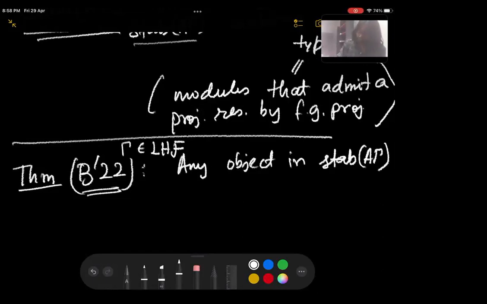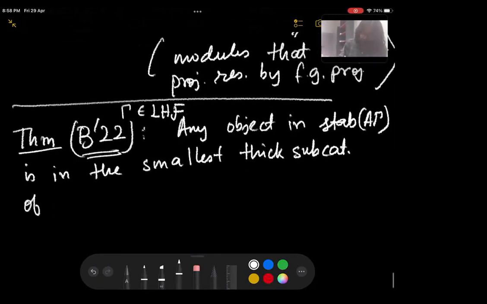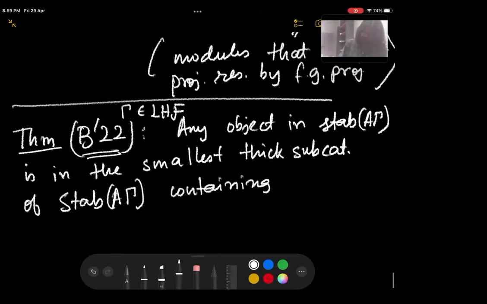Anyway, any object in Small Stab is in the smallest thick subcategory of Big Stab containing a class of modules called basic modules. Thick subcategory means a triangulated subcategory closed under summands.